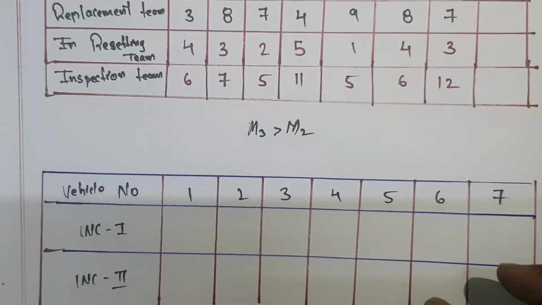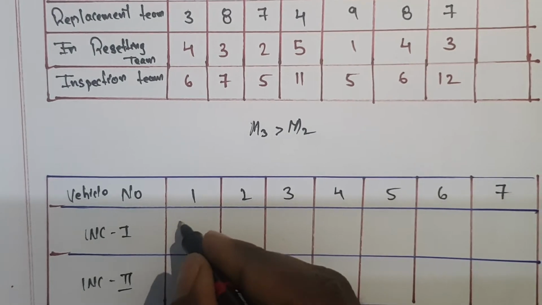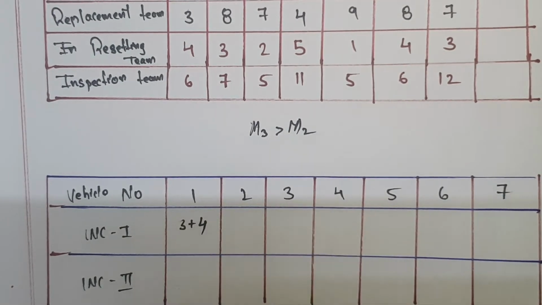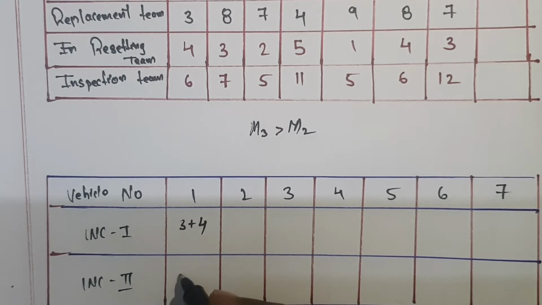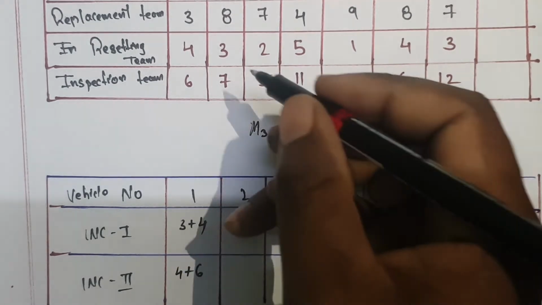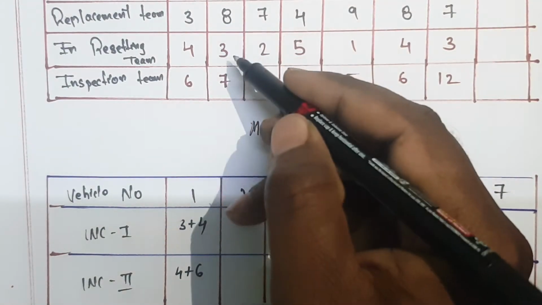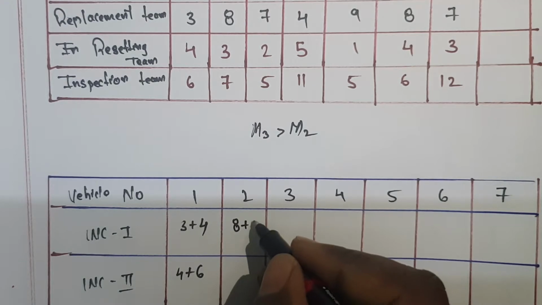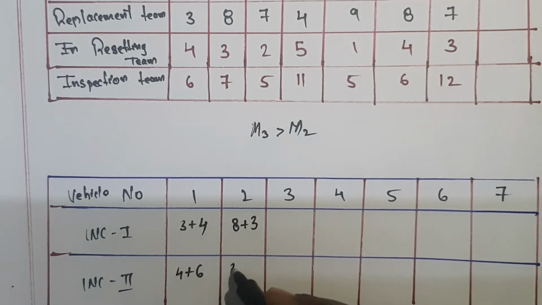So what do I have to write here? 3 plus 4. Here also, 4 plus 6. Next 3: this 3 you have to add here as well as here. So this is 8 plus 3, then this is 3 plus 7.